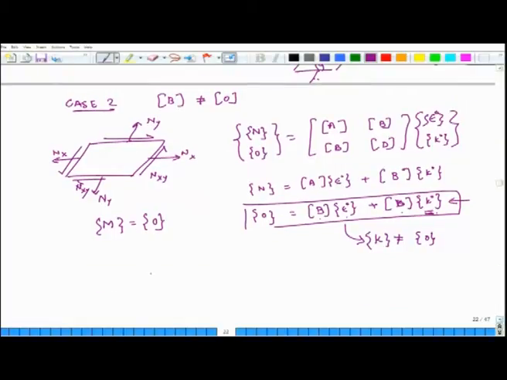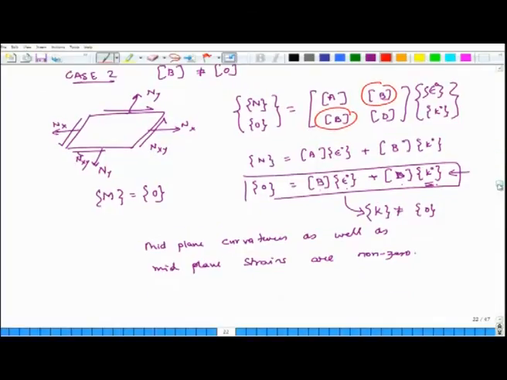So, in this case mid plane curvatures as well as mid plane strains are non-zero, and this is all happening because of the B matrix.